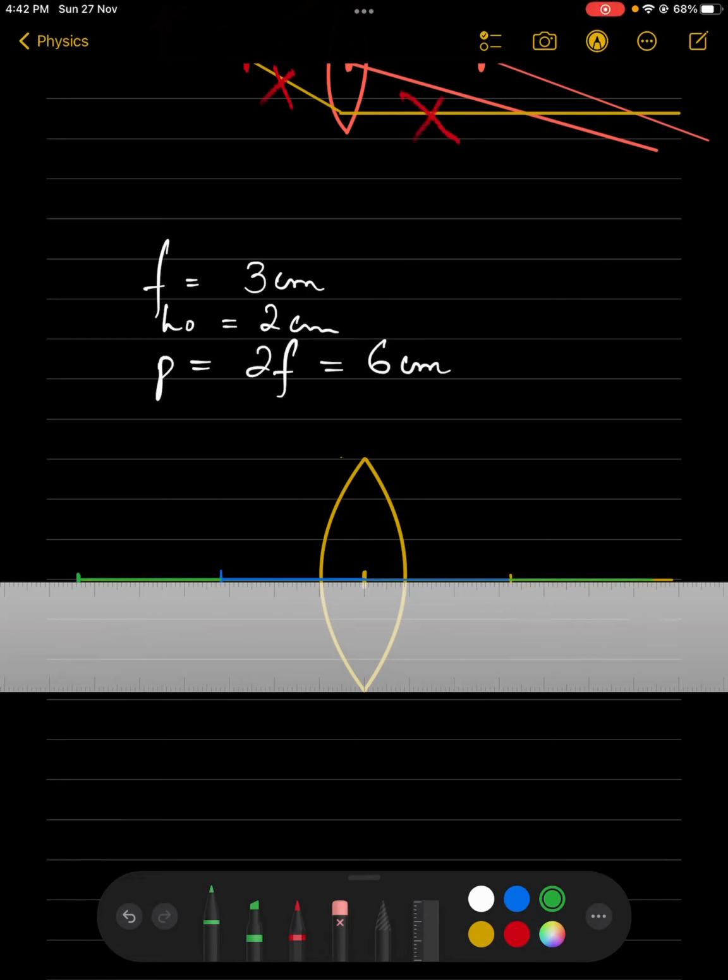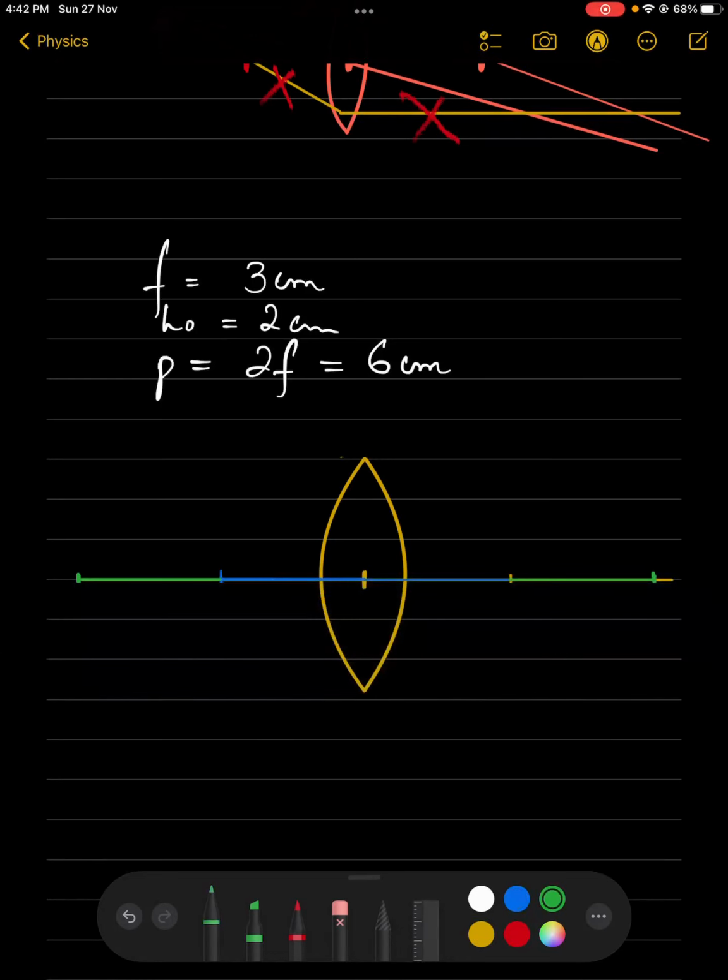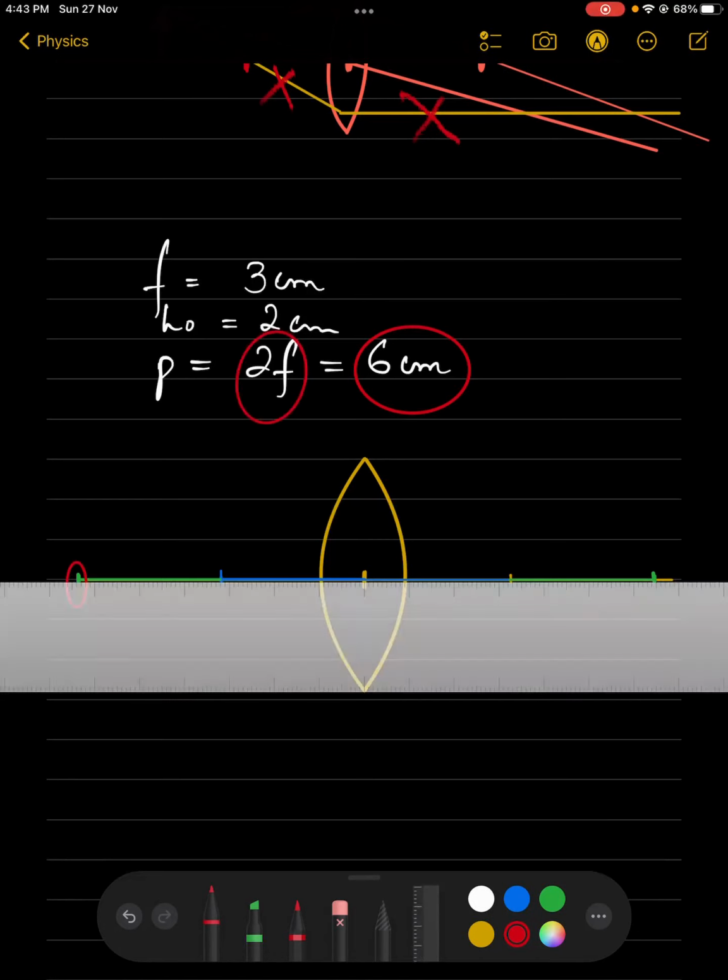Although 2f बनाना necessary नहीं होता है, so if you guys don't want or don't feel like to draw the value for 2f, तो आप 2f skip कर सकते हैं. That's completely okay. Now since I had to draw 6 centimeter, तो हमने 6 centimeter की marking यहाँ पर ले ली है, which is 2f, as you can see.